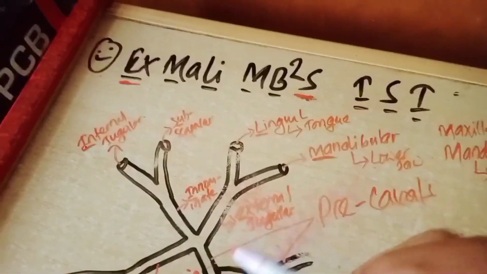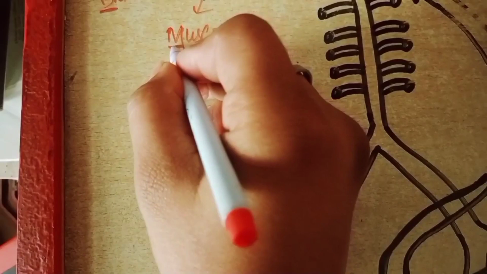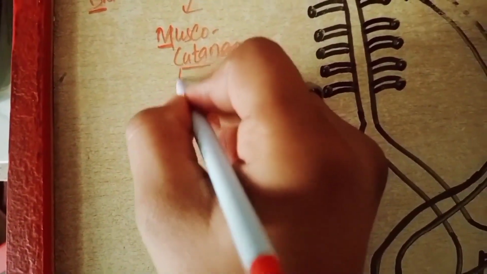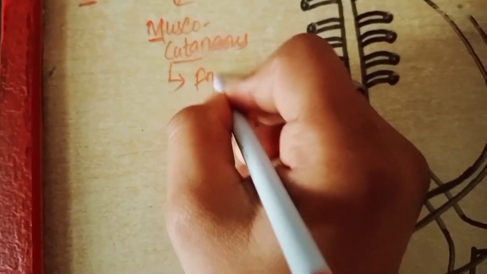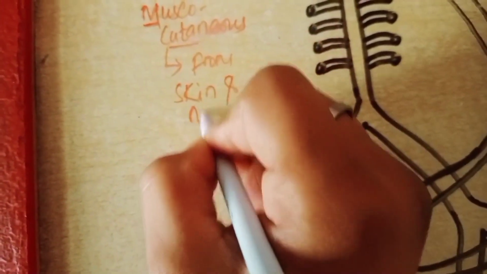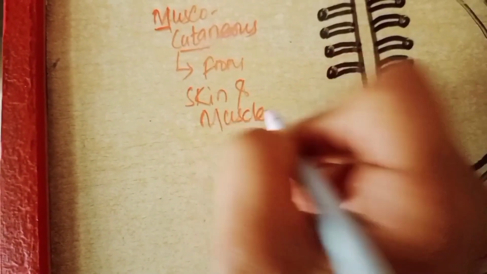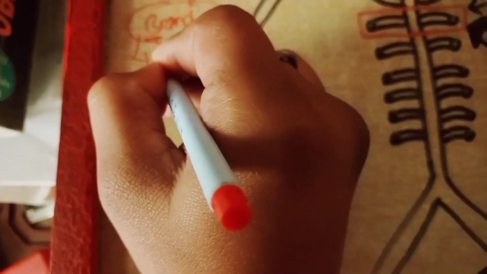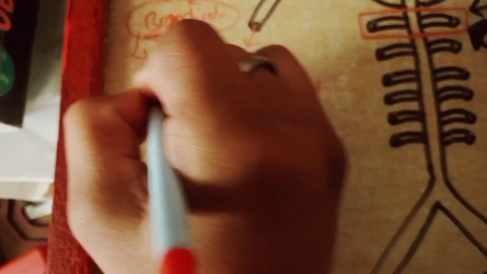Now subclavian has musculocutaneous and brachial. Musculocutaneous: musculo means muscle, cutaneous means skin, so it collects blood from skin and muscle. Brachial collects blood from the arm region.